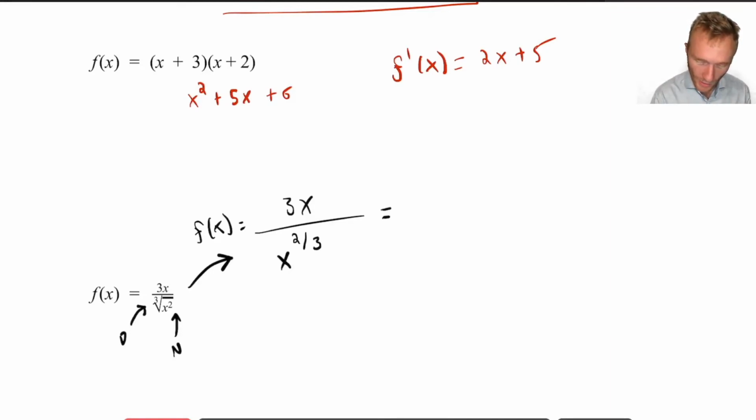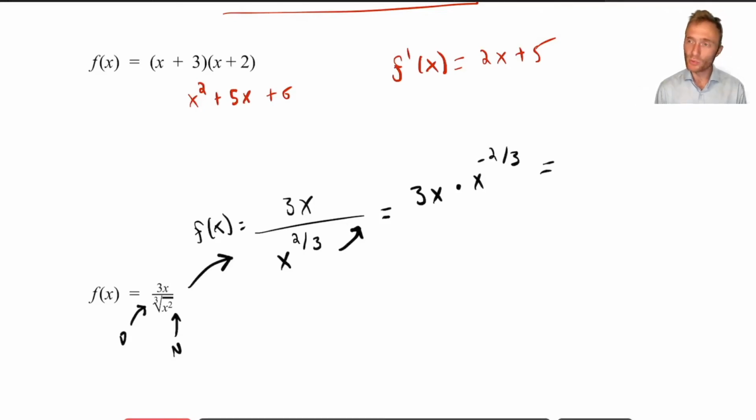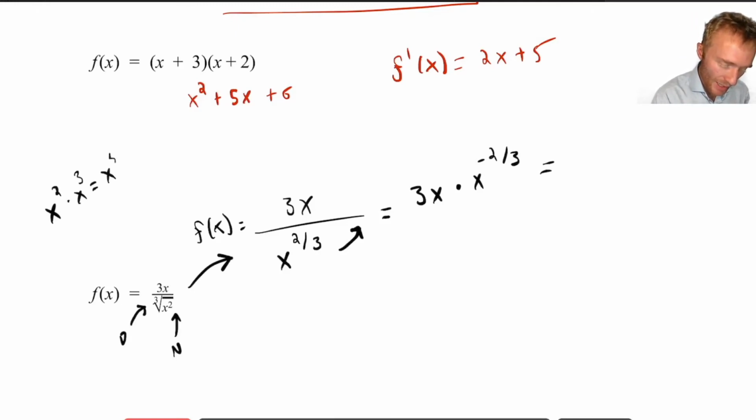Then I like to always bring these up. I'd rather deal with negative exponents. This is 3x times x to the negative 2/3. And finally, our exponent rules: if we are multiplying, like x squared times x to the third, we would add those exponents to make x to the fifth. That applies even with these fractions.